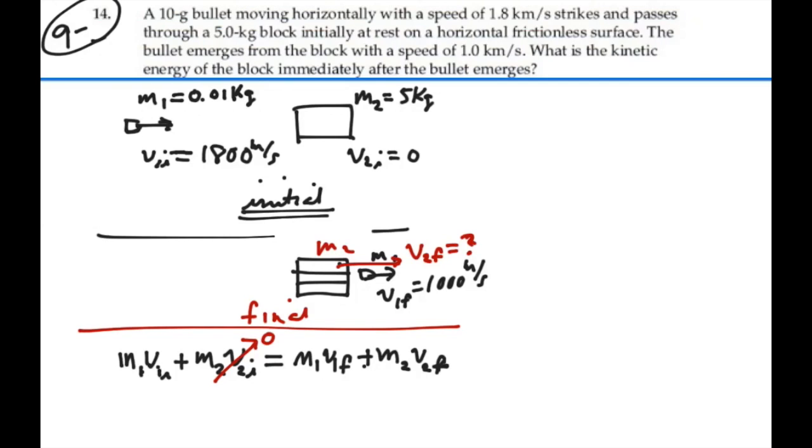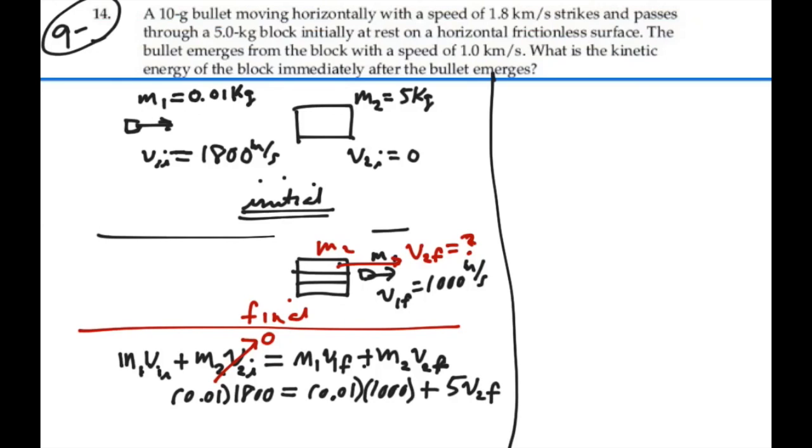And we have that mass 1, which is 0.01 kilograms times 1,800 meters per second, is equal to 0.01 times the final velocity of 1,000 meters per second, plus mass 2, which is 5, times v2 final, which is what we want to find.